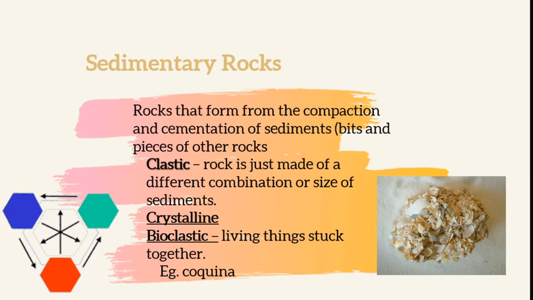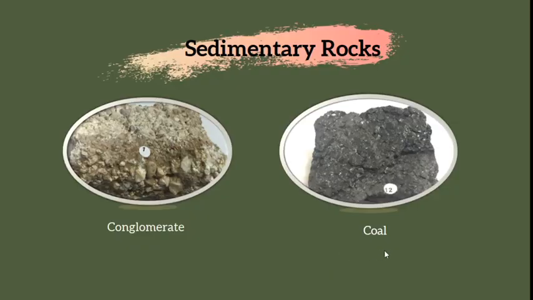The bioclastic sediments consist of biological material mixed with other mineral particles and may contain various grain sizes. Example of that, we have coquina or shells of dead organisms. To give you another example, under sedimentary rocks, we have conglomerate, and the famous one, coal.